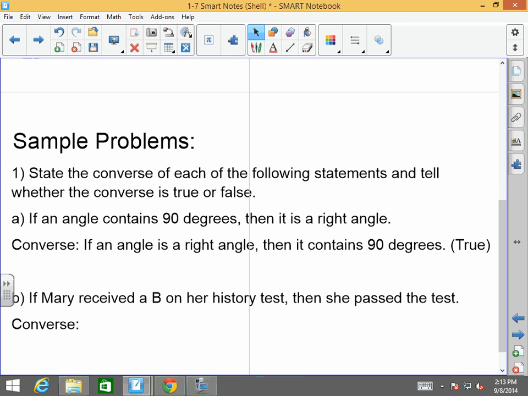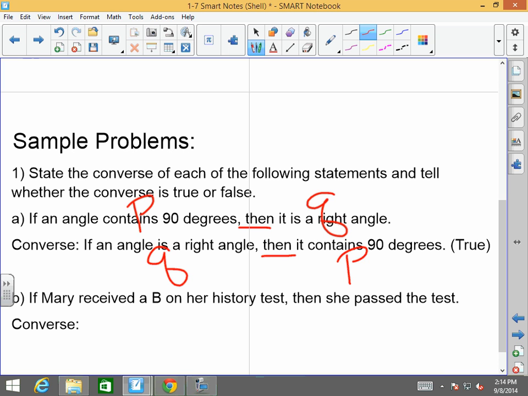That's exactly correct. Converse is literally just flipping the original statement. This was my P, this part, and after the then, this was my Q. So my conditional is if P, then Q. But just like you said, now we're switching. Now if Q, then P. And not always are they going to be true, but in this particular case, it is true.